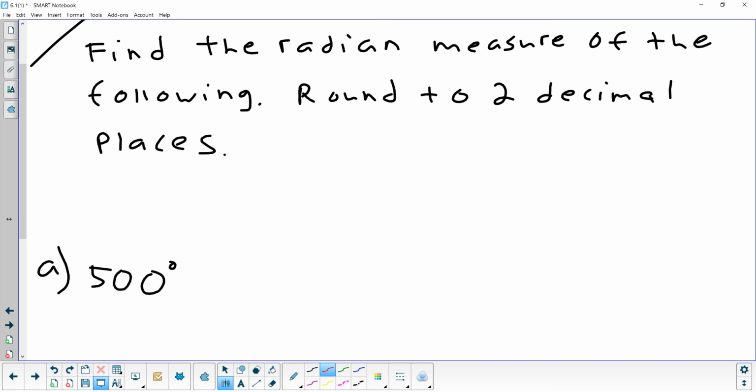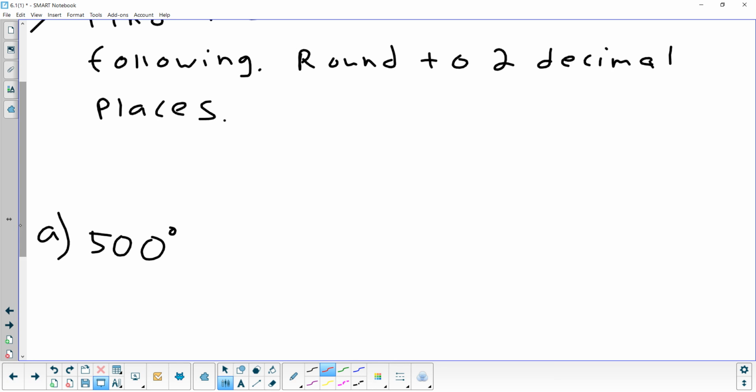All right, so this is one that is not a multiple of 30. It's not a multiple of 45. It would be a pretty common answer that we would round to 2 decimal places. Where would degrees go if I want to change this to radians? Bottom. And radians? Top. So pi over 180.